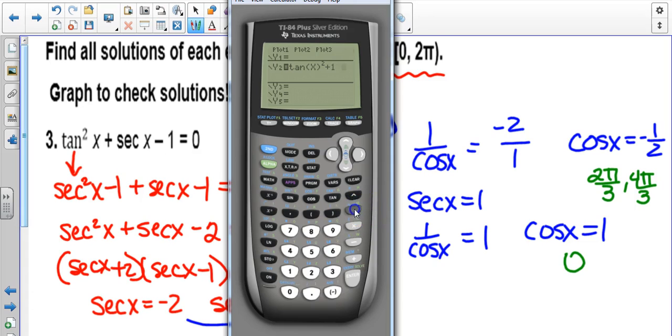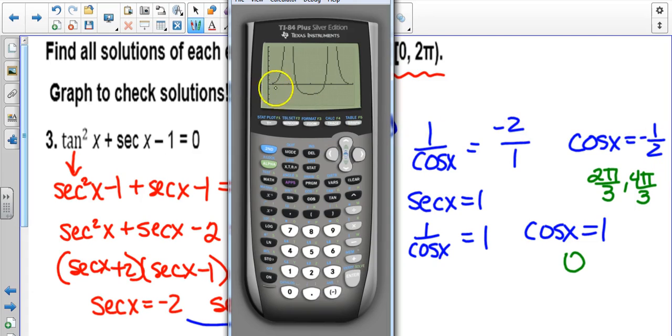Plus 1 divided by cosine minus 1. If I set my window 0 to 2 pi, I'm hoping to see 3 places that it hits 0. 4 if you count 2 pi, right?